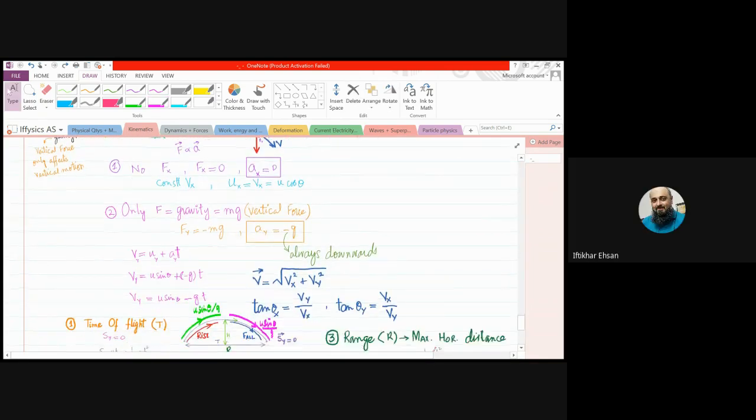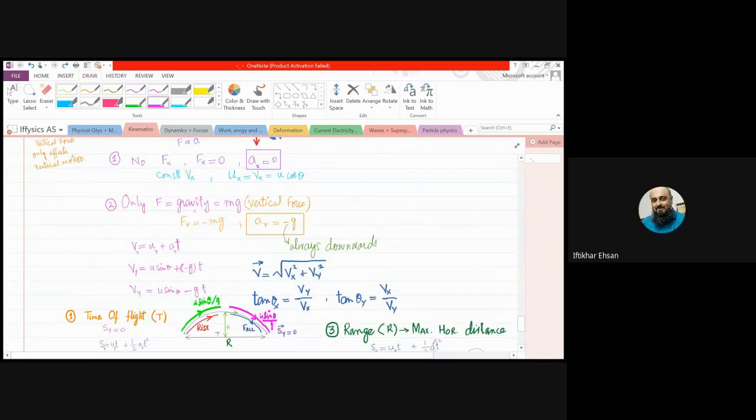So when we say the horizontal force was zero, the horizontal acceleration was zero as well. But the vertical force is there, so there will be a vertical acceleration, and gravity, which is the vertical force, is mg and g.